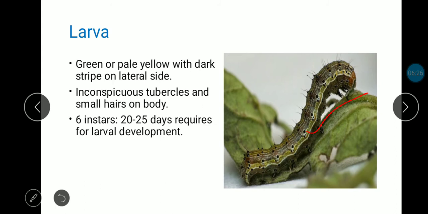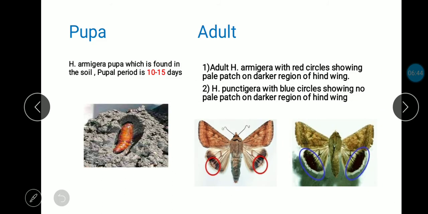Castings are removed from the body cover 6 times, and these 6 instar stages can be completed within 20 to 25 days, and then it is converted into the next stage, that is the pupa.